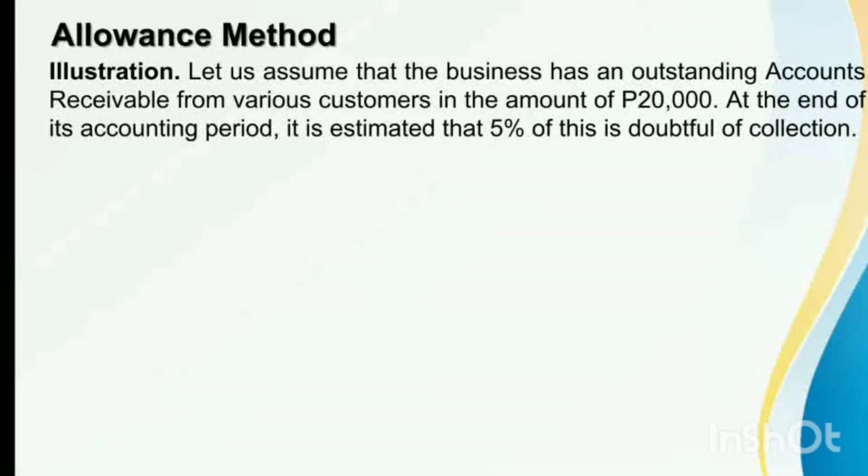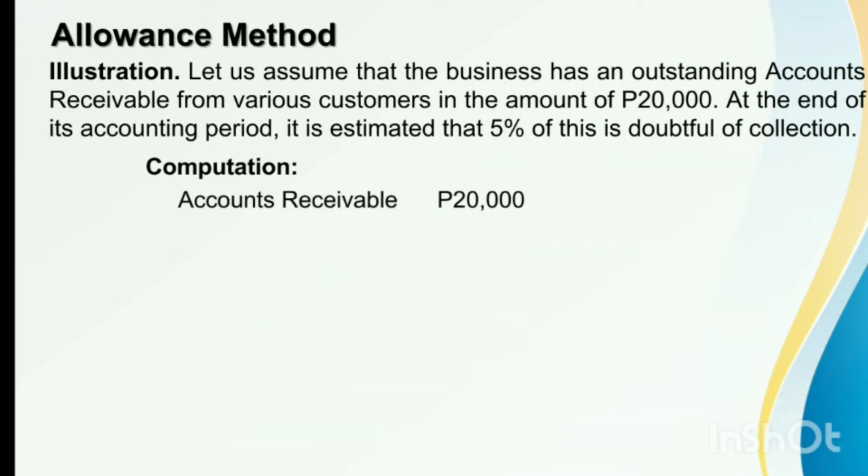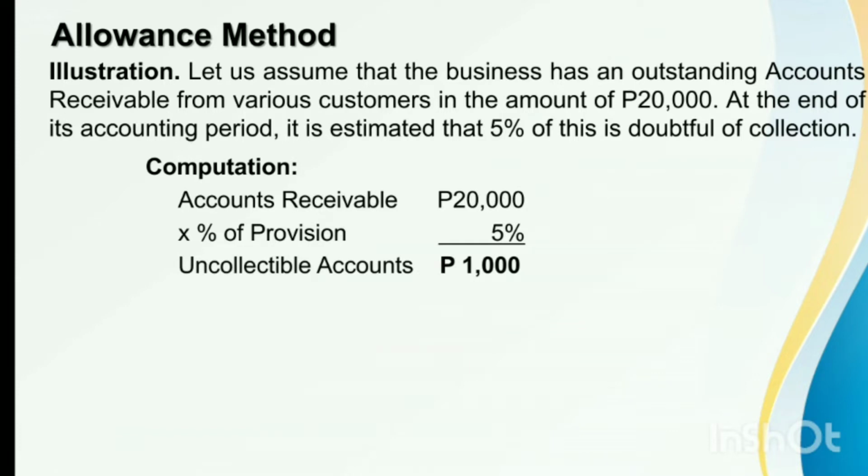The outstanding accounts receivable is 20,000 pesos, and then we're going to multiply it by the 5%. So 5% is the estimated percentage of doubtful accounts or uncollectible accounts. So 20,000 times the 5% is equal to 1,000 pesos. So this is now the uncollectible accounts.